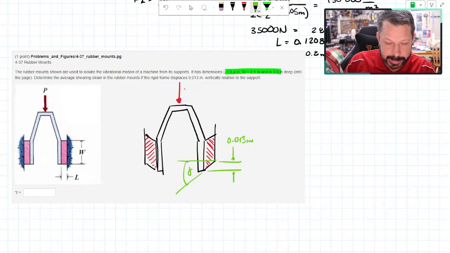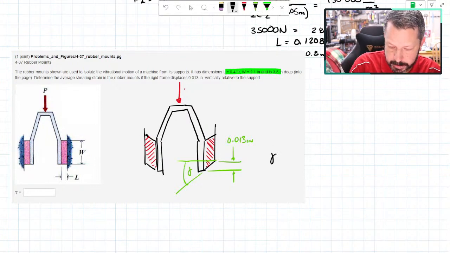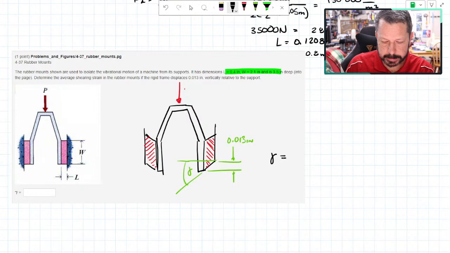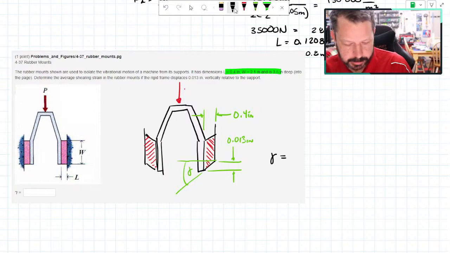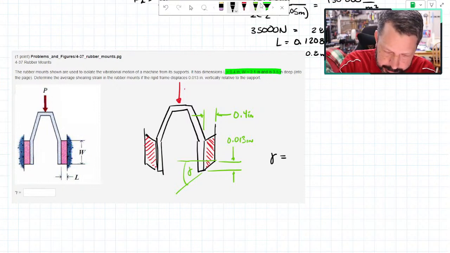To calculate that, gamma is equal to, in this case, the thing we know is L. Actually, we know W2, but we don't need that one. This distance is L equals 0.4 inches. So gamma is looking at this little triangle right here.